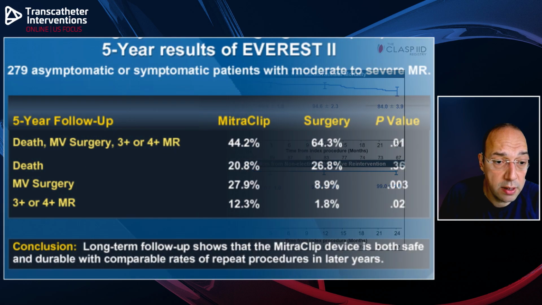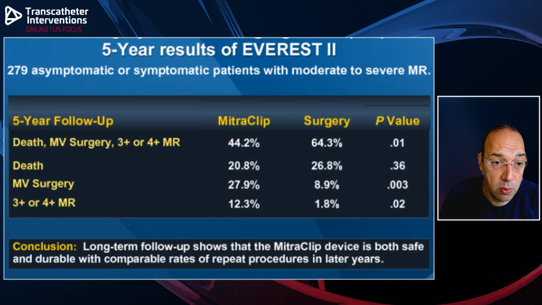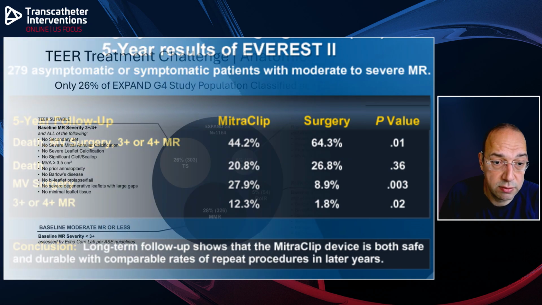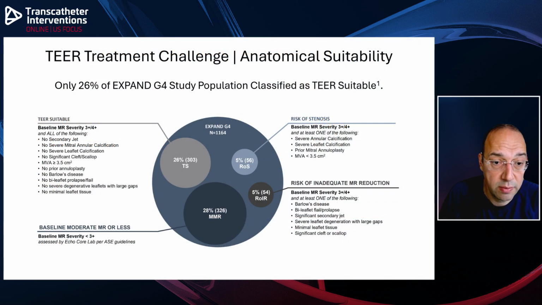So where we are today is, we have long-term data. I showed you the 2-year data from a randomized trial, MitraClip versus Pascal, and again, it shows the EVEREST 5-year results, and we have gotten better at, 1, choosing patients, and 2, getting adequate results, and we are showing that those who receive good results, those results appear to be sustainable.